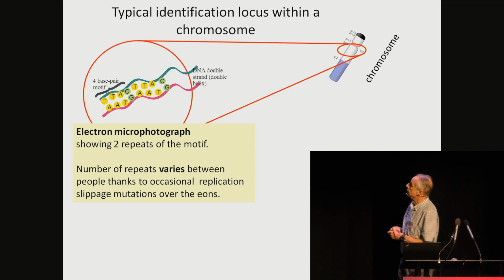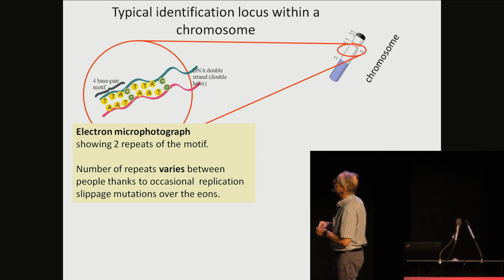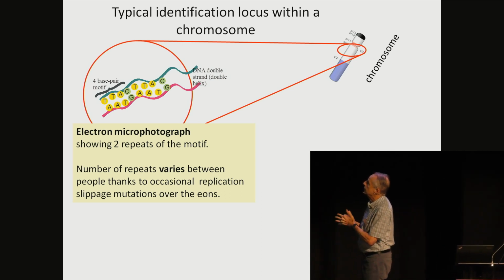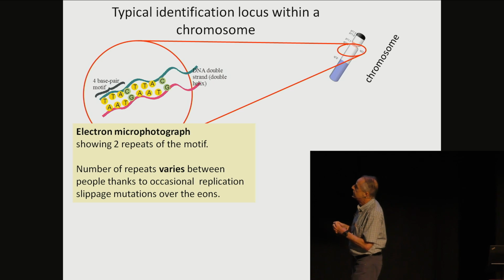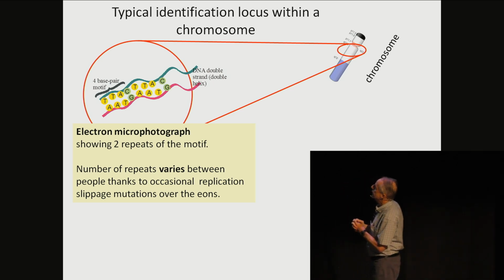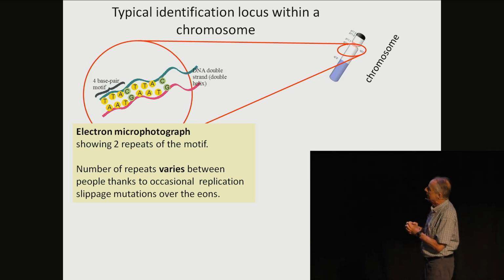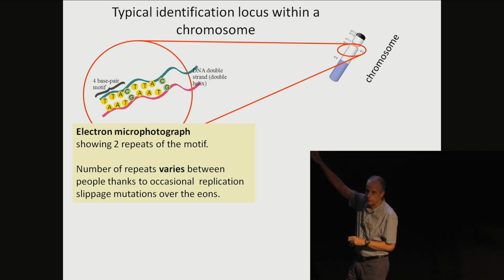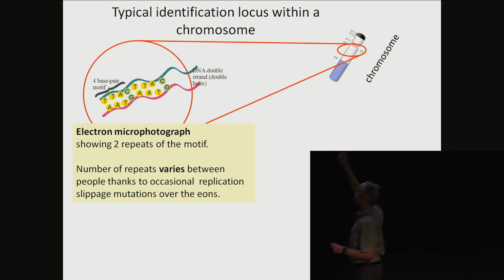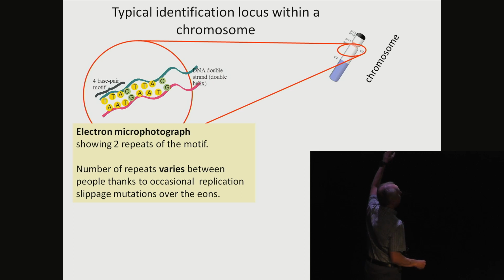Now, on this chromosome, there are many, many locations, of which we've located and used 17, that have a convenient pattern called a short tandem repeat pattern. In this case, this is an electron microscope micrograph that I did myself, and the pattern is TTAC.